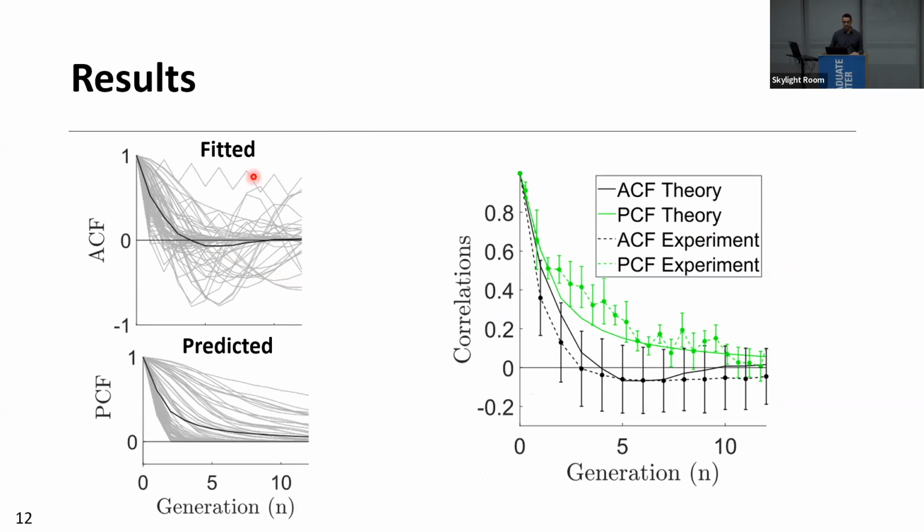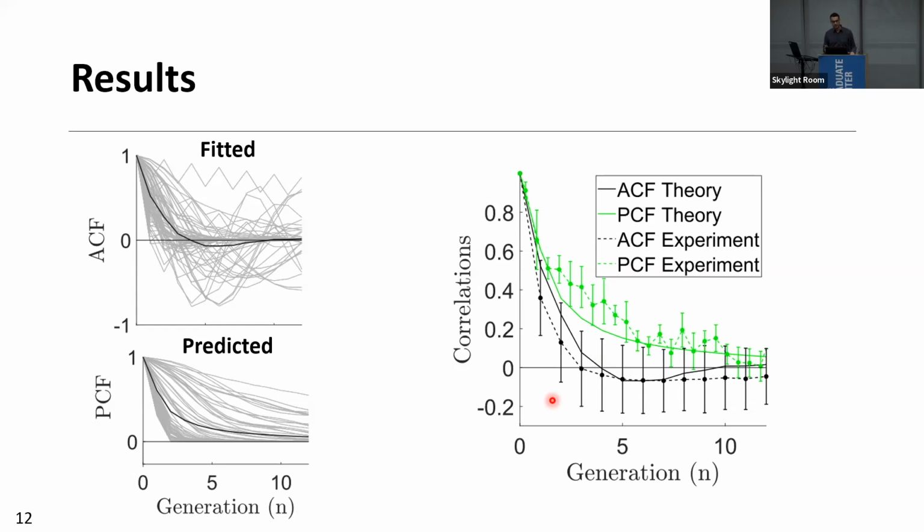We took the parameters that we fitted from here and calculated the cross correlation, and our prediction was that we should find this time scale separation between the autocorrelation and the cross correlation. As you can see, when we compare with the experiment, introducing this variability between parameters and accounting for these oscillations is enough to create this separation between timescales in the autocorrelation.